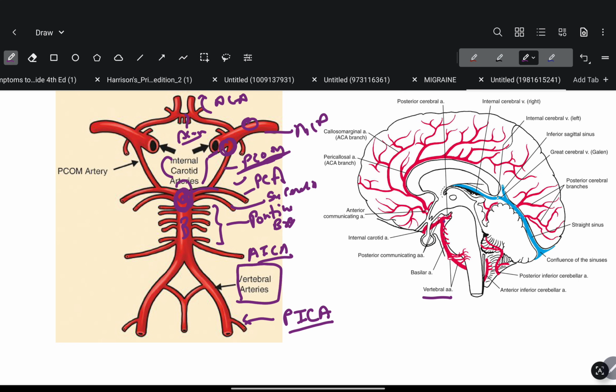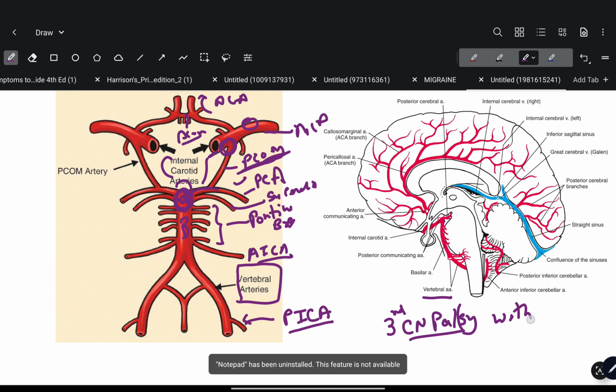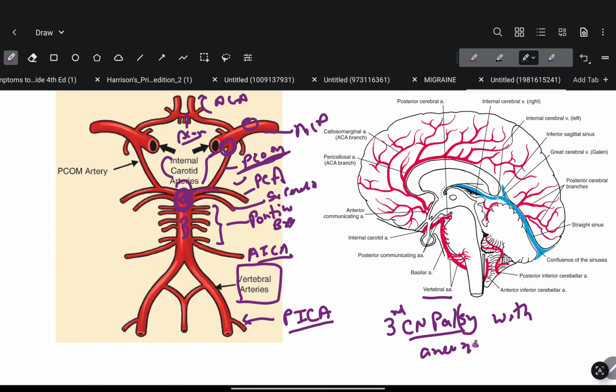As for example, there is third cranial nerve palsy. I will write it down here. Third cranial nerve palsy with aneurysms related to the PCOM, posterior communicating artery.